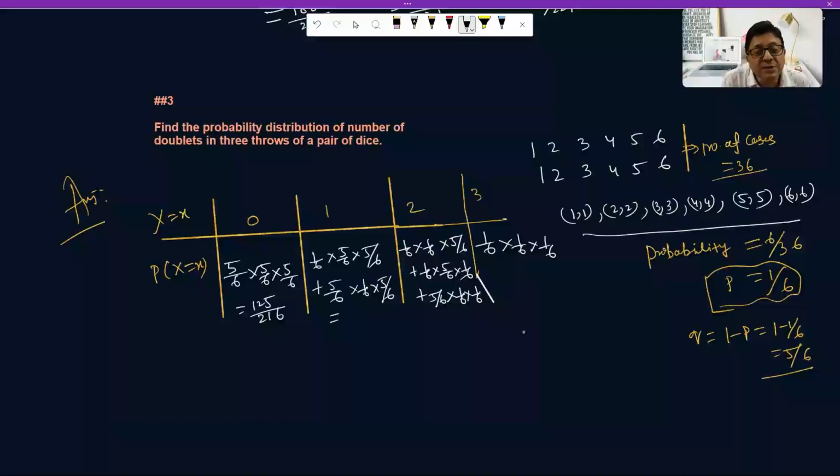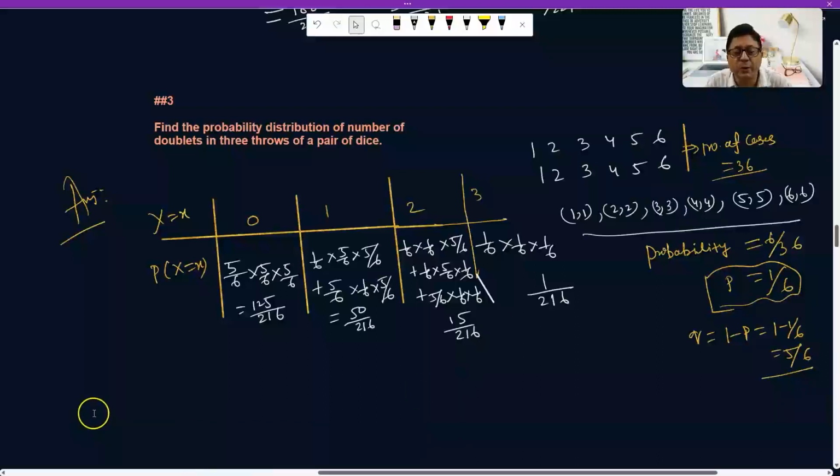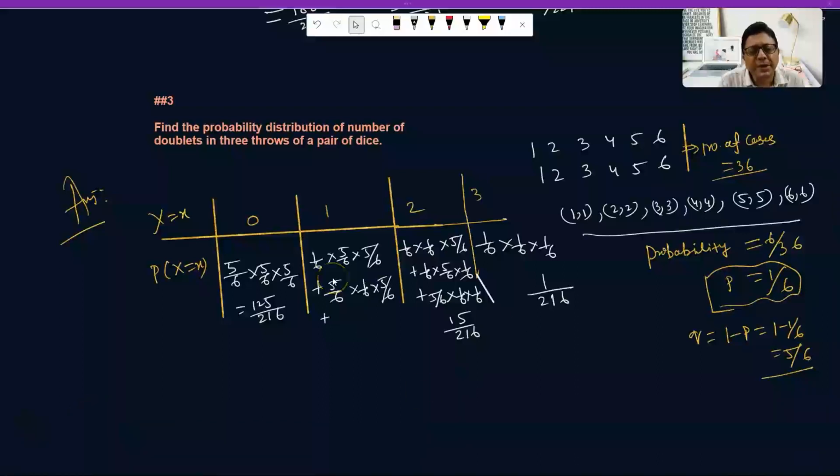Now add all these. This is going to be 25, 25, 50, 50 by 216 for the terms. This is going to be 15 by 216. This is going to be 1 by 216. Clear? Let us check the probability here. This time the doublet can come here also. I forgot to take that into consideration.